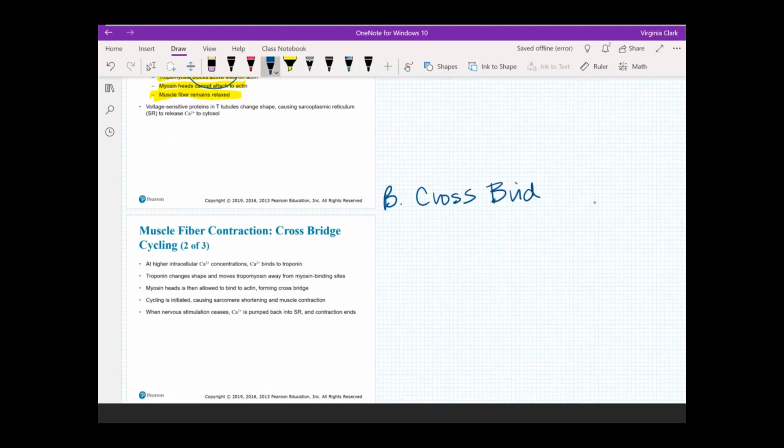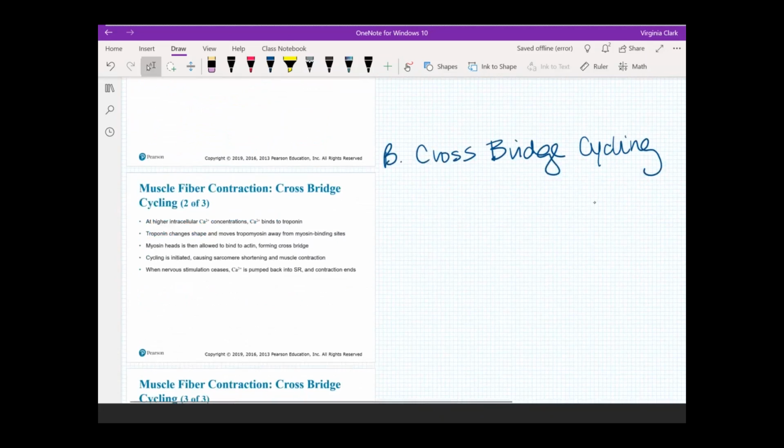And this is the last concept for this section: cross-bridge cycling. So here's just the review of our cross-bridge. Calcium becomes high in the cell. Calcium will bind to troponin. Troponin will change shape and move tropomyosin away from the binding site.